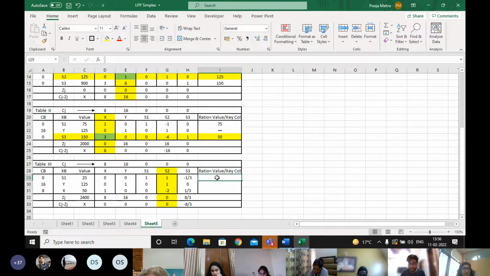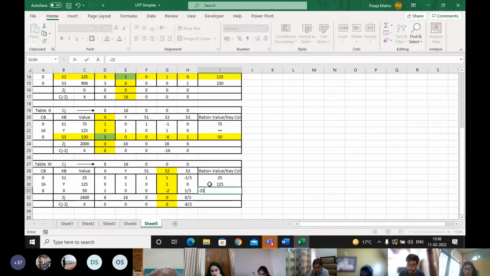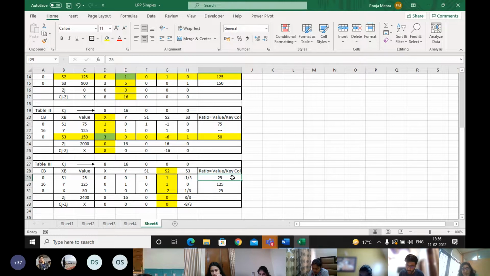So here we'll have the ratios: 25 divided by 1 is 25, 125 by 1 is 125, and 50 by minus 2 is minus 25. The criteria is least positive. So we select S1 as my departing variable and S2 as my entering variable.